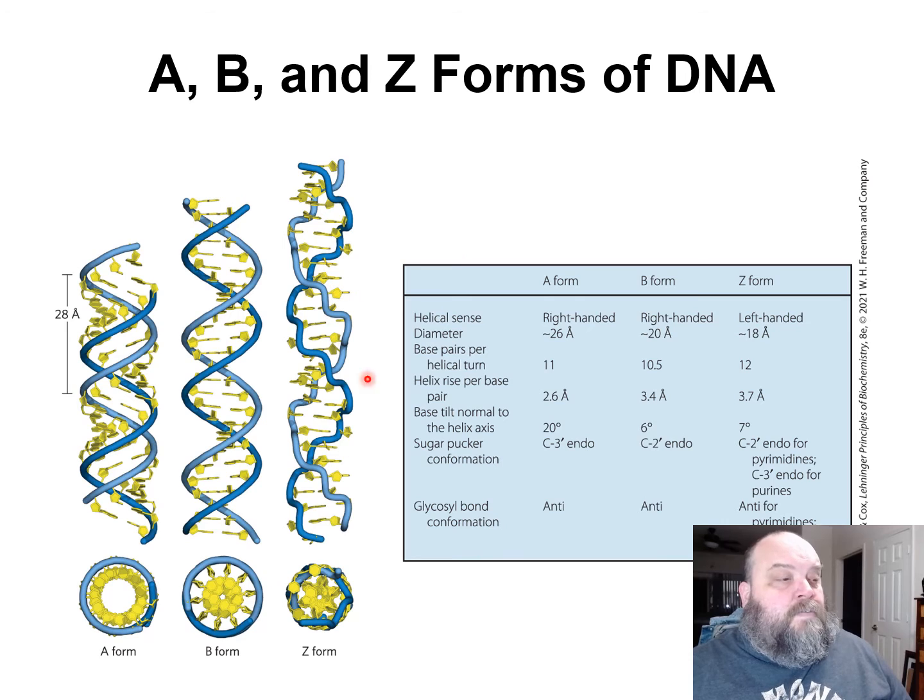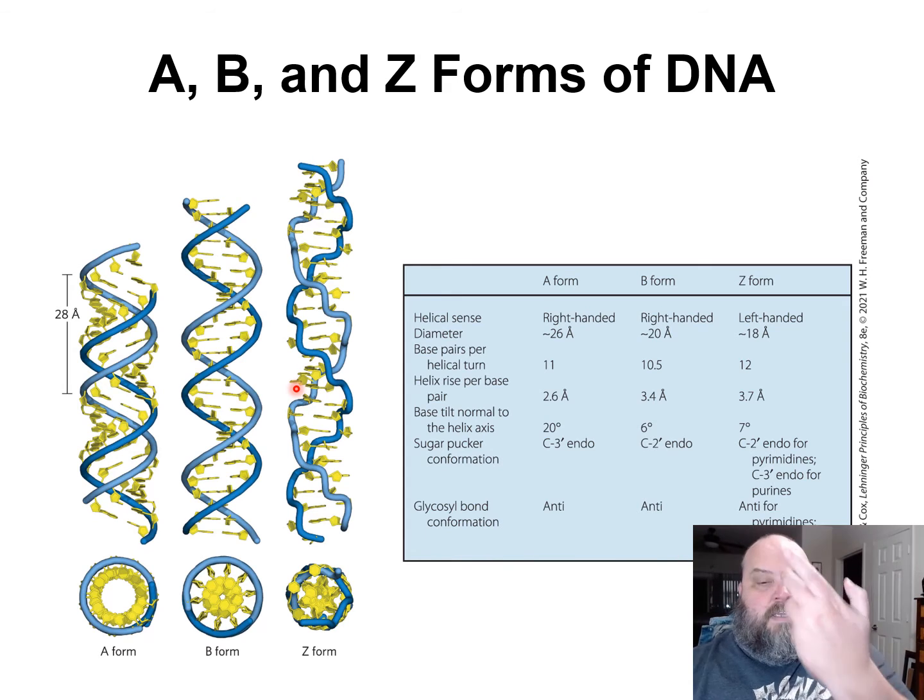Then you look at the Z form here. The Z form is more of a zigzag, which is why they call it Z. And instead of the right-handed twist, it's a left-handed twist. And everything's a little backwards. It's a little harder to get into this form.